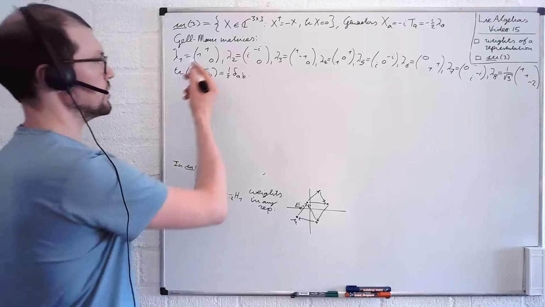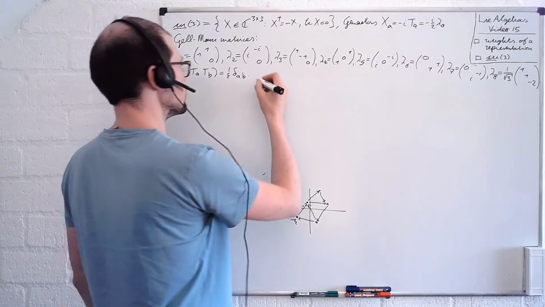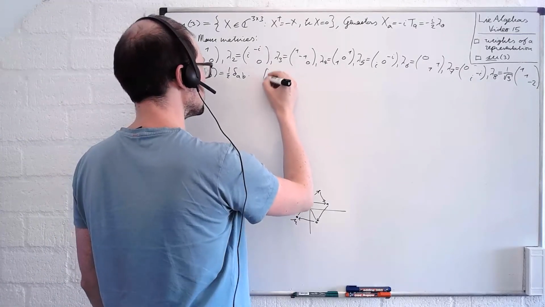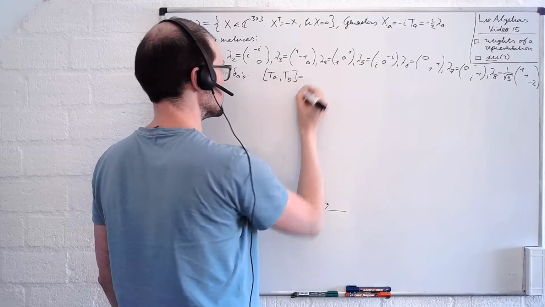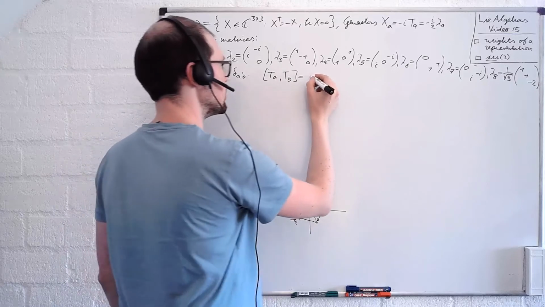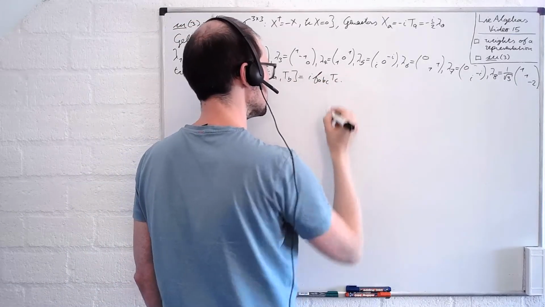And given this explicit representation of the matrices, you can write down some structure constants for them. If I compute explicitly the commutator of T_A and T_B, it will give you some explicit structure constants of this form.